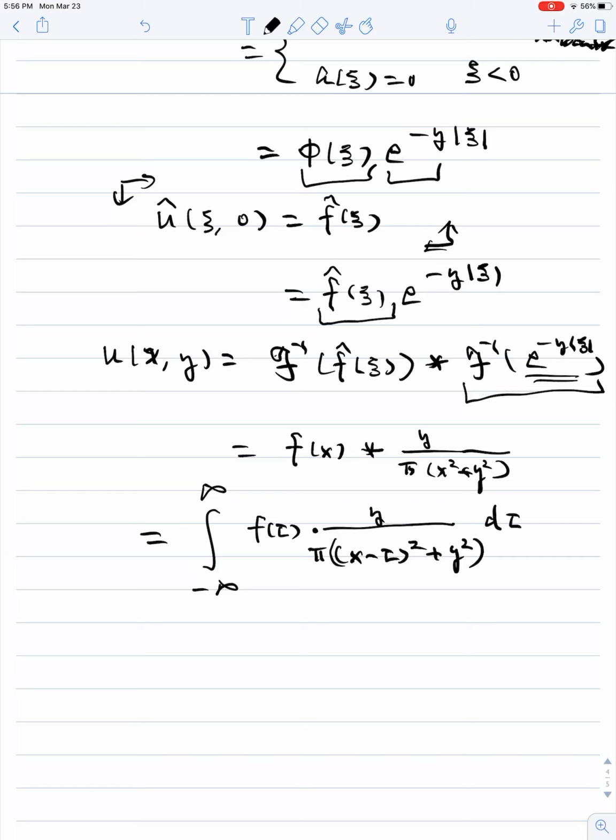This formula has a name: it is the Poisson integral formula, and this function is called the Poisson kernel.